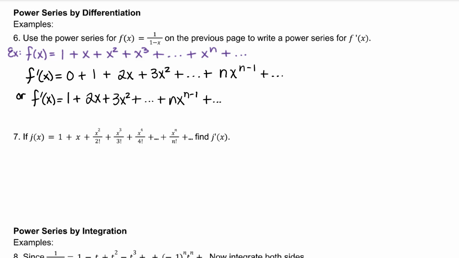If j of x is equal to the following series, then find j prime of x. Go ahead and derive each term.